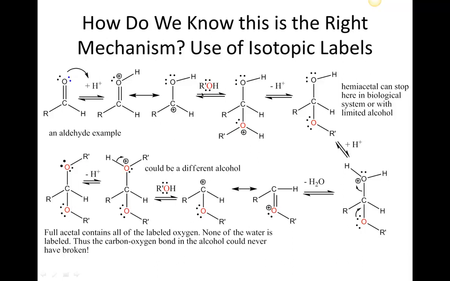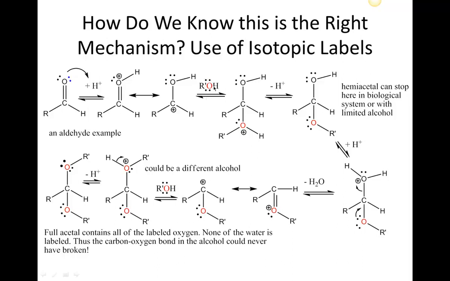Now, why I have these oxygens in red is I want to talk about how do we know that this is the right mechanism. You've got to wonder, how do people know about all these little steps? People have studied that, and one way they've studied it is by using oxygen 18 labeled alcohol.